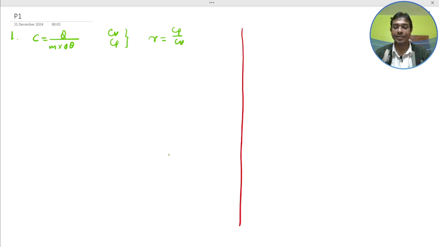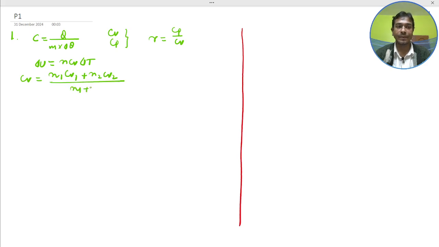The relation between Cv and U is del U equal to n Cv del T. For a gas mixture, Cv is N1 Cv1 plus N2 Cv2 divided by N1 plus N2, and Cp would become N1 Cp1 plus N2 Cp2 divided by N1 plus N2.